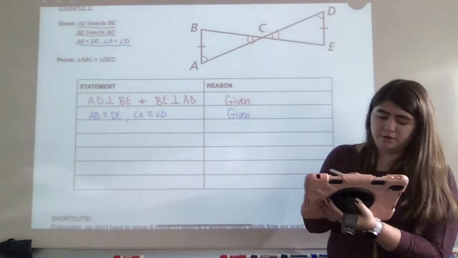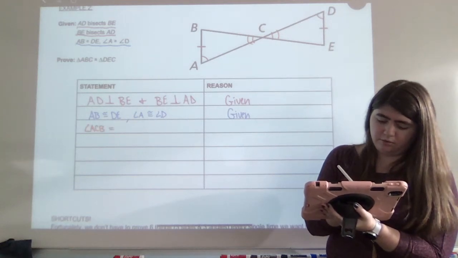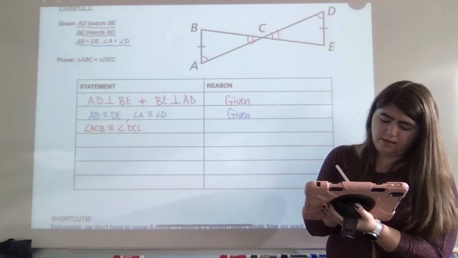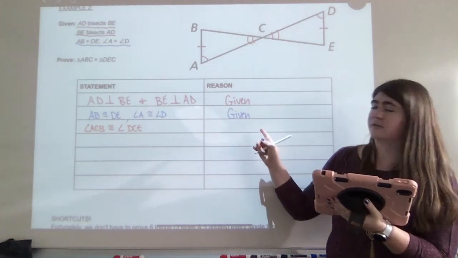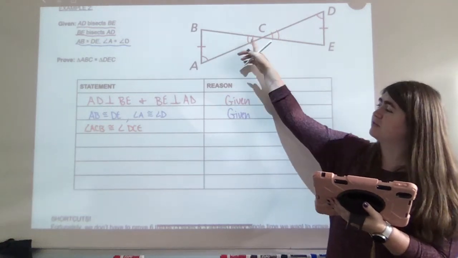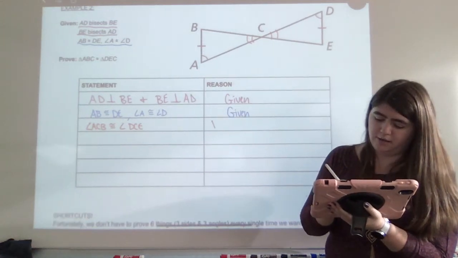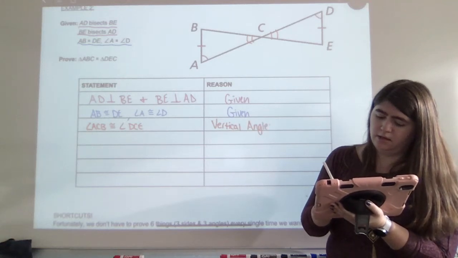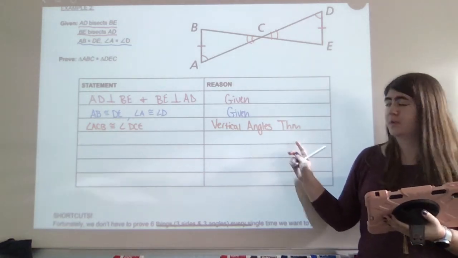So we have angle ACB is congruent to angle DCE by the definition of, well, technically the bisector is helping us out here, but it's really the vertical angles theorem, and we know that because these are bisecting angles. So we're going to say the vertical angles theorem. Remember, THM is the abbreviation for theorem.